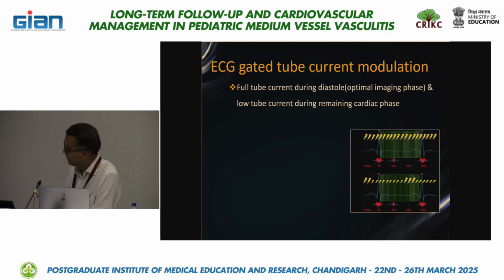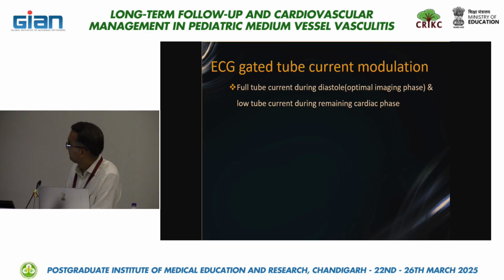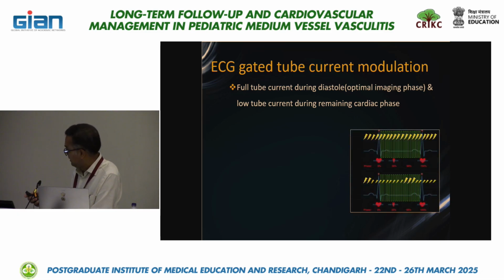As I have discussed, ECG tube current modulation means that the current is not going equally all along the cycle. It is high during the diastolic phase and lower during the systole.